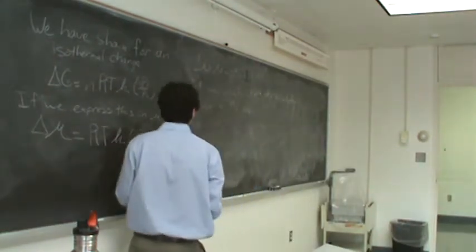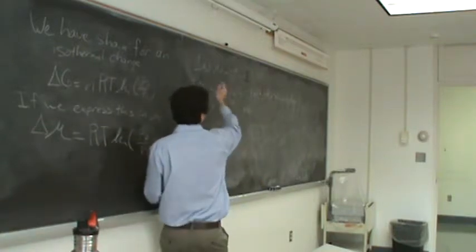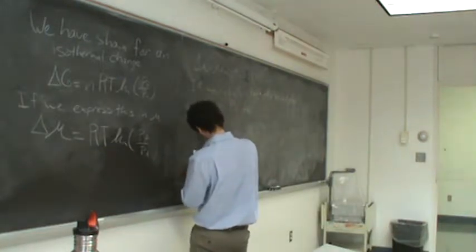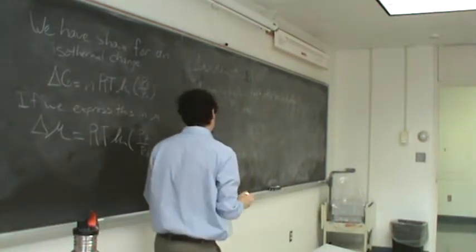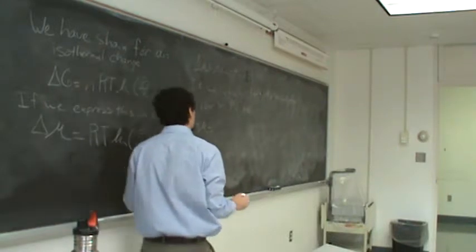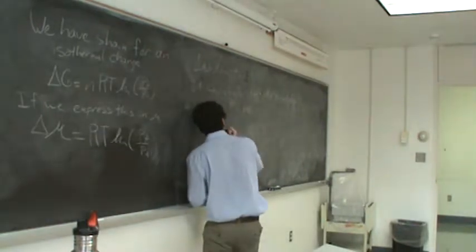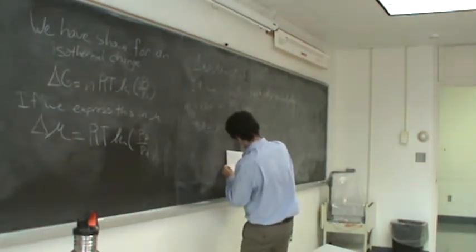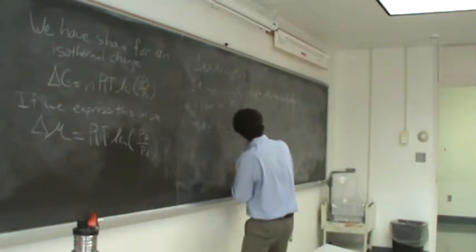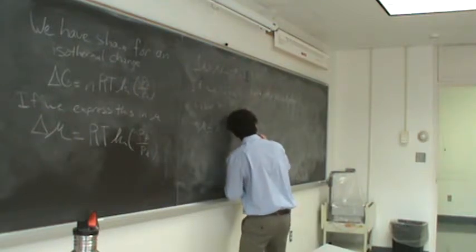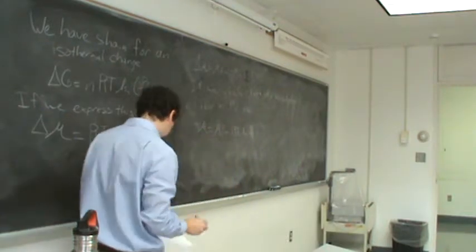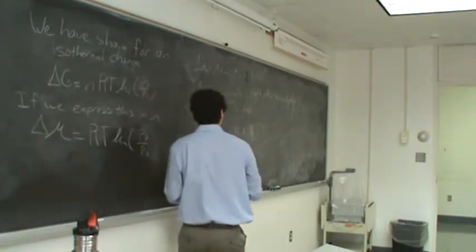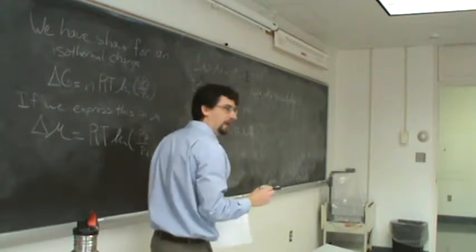Then we can define this as we're going to keep mu initial where it is. We can define mu as mu naught minus RT ln of P final over P naught, right? And mu naught is that chemical potential at 1 bar.